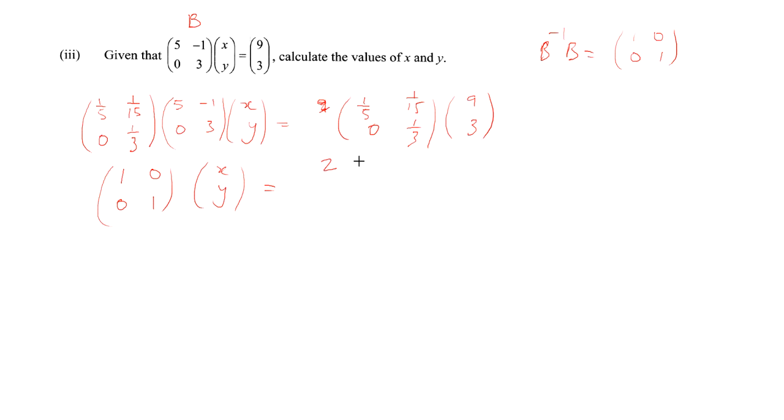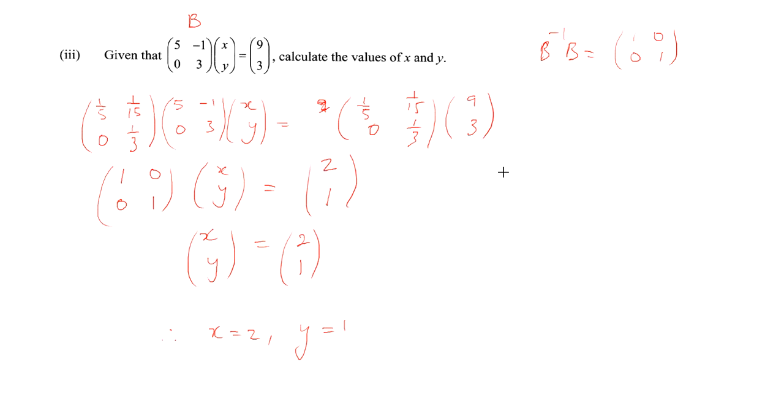Then 0 multiplied by 9 is 0, and we add that to 1/3 multiplied by 3, which will give me 1. So therefore x, y is equal to 2, 1. That means that x is equal to 2 and y is equal to 1.